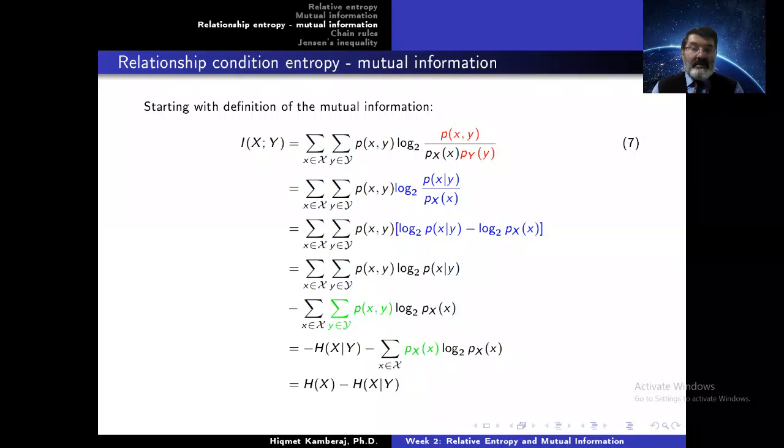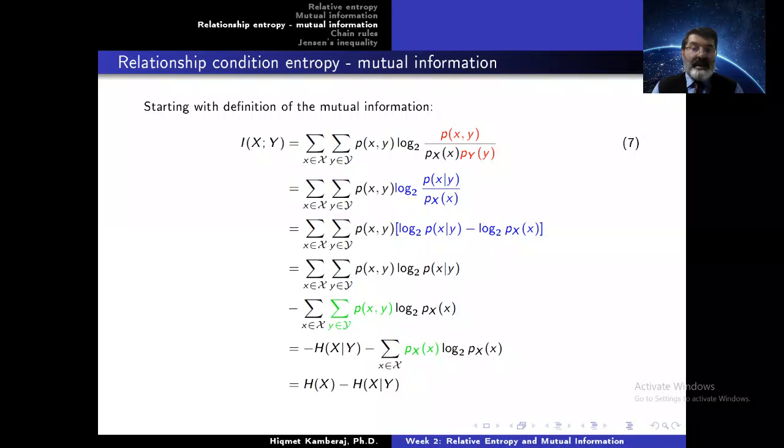What we do now, to arrive at the second line, is group together P(x,y) over P(y). Based on the property in statistics and the definition of the conditional probability, this gives me the probability of x conditioned on y. Then I arrive at the second line.